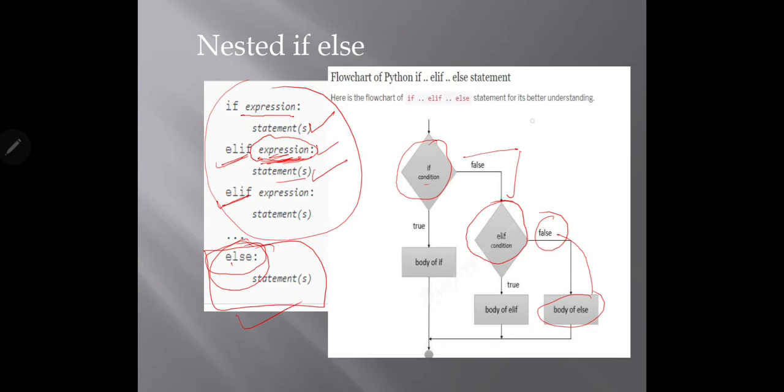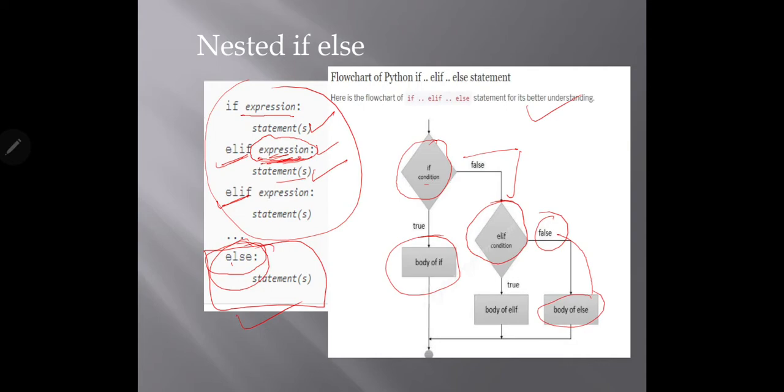In this flowchart we have taken only one elif, and here we have taken two elif. Now if this is true, then the body of if will get executed. I hope this nested elif statement is clear to you.